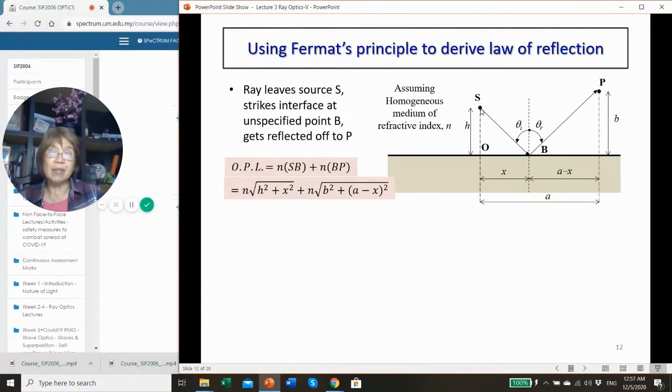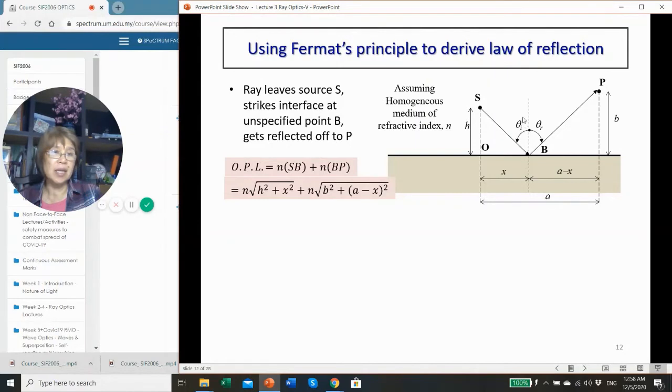So let's say a ray leaves S, strikes the interface at point B, then it will get reflected to some point P. From this diagram here, the optical path length would be, the refractive index is n, nSB plus nBP.